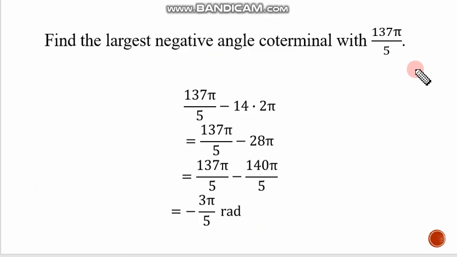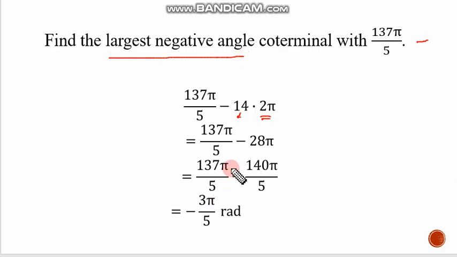We will find the largest negative angle coterminal with 137 pi over 5. If we are going to locate it manually, we need 14 revolutions, or 14 turns, to locate the largest negative angle.